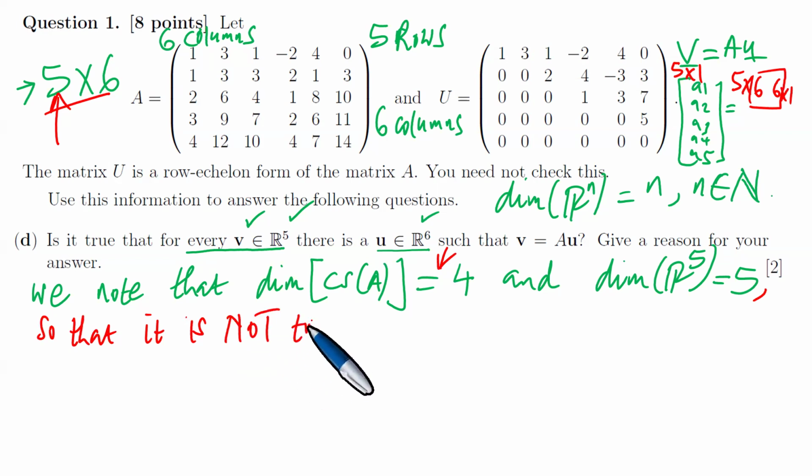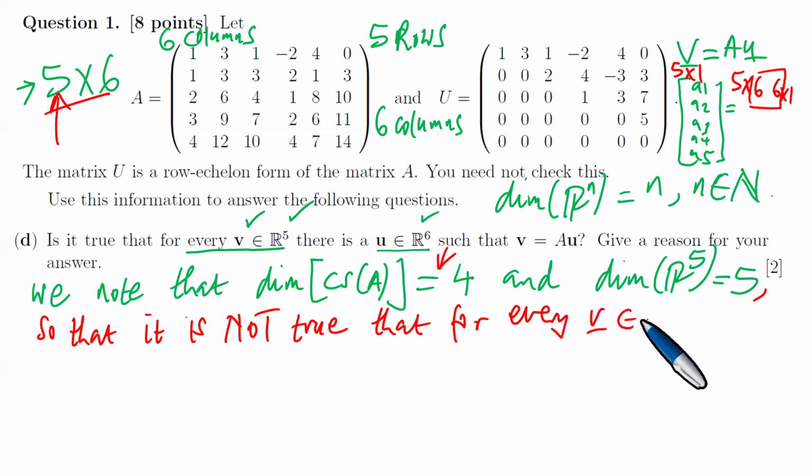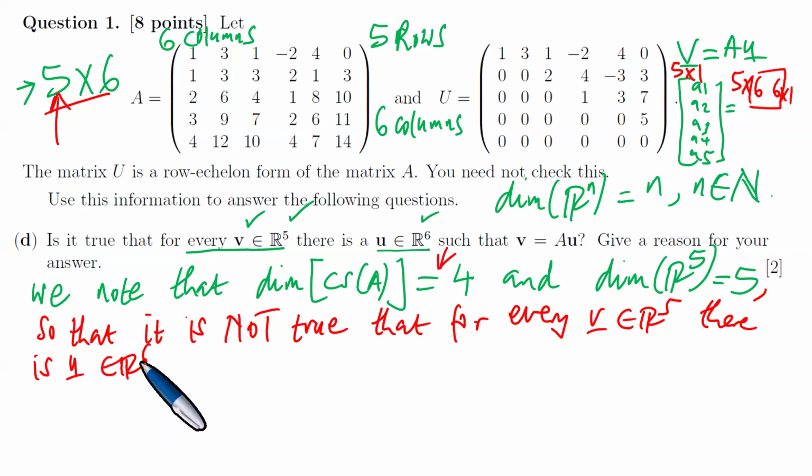It is not true that for every V in R5, there is U in R6, such that V itself, vector V, is AU.